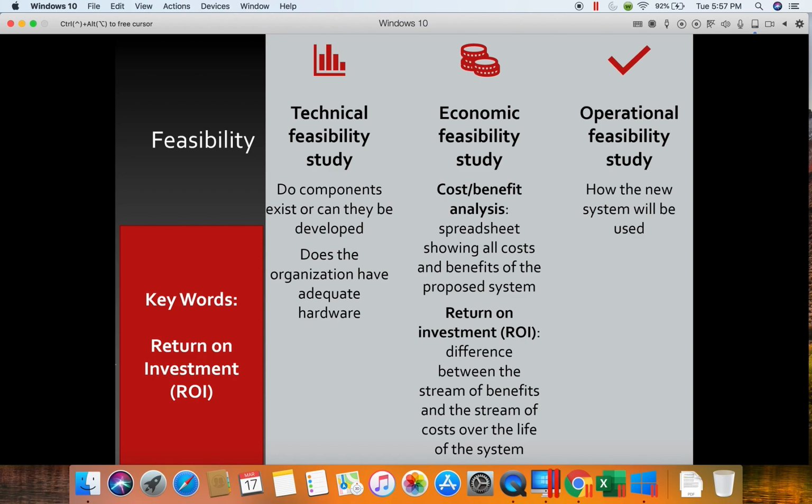Now, sometimes laws dictate that the implementation of a new information system is required.